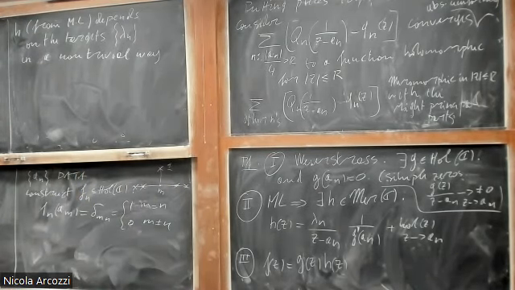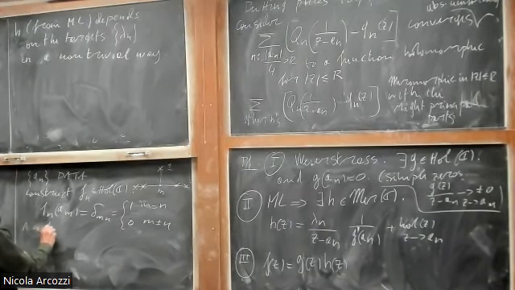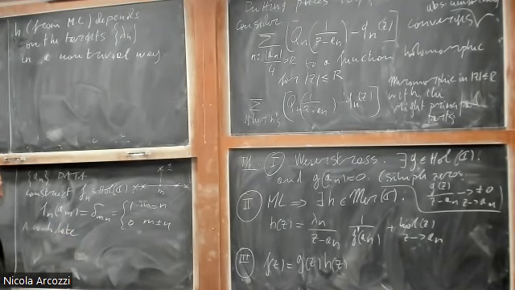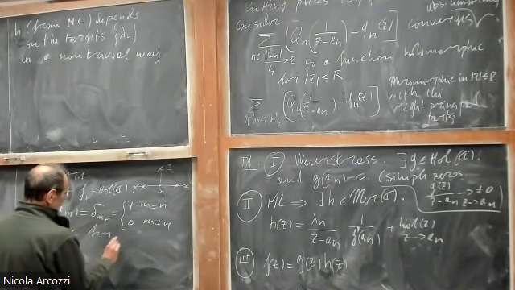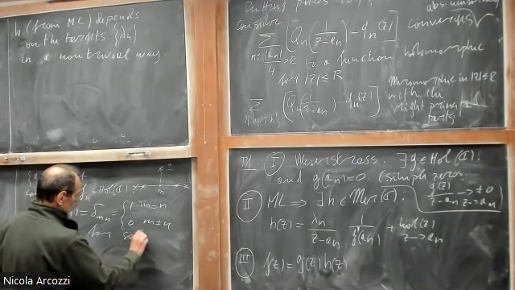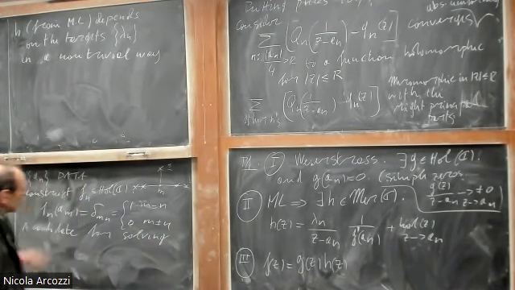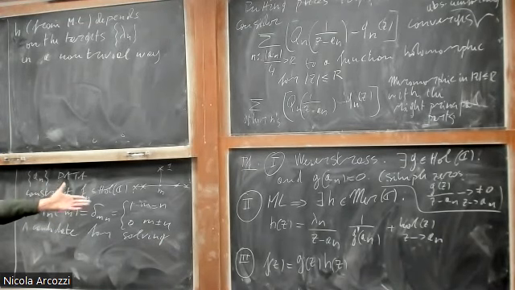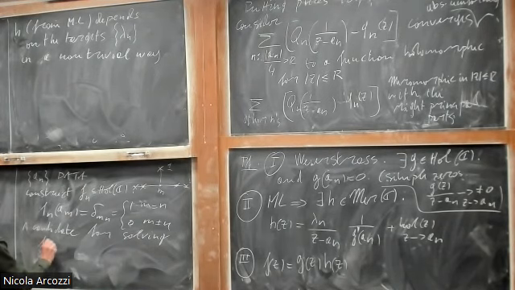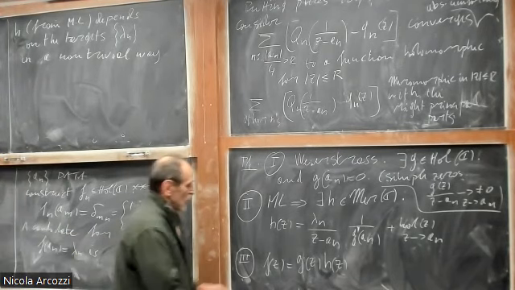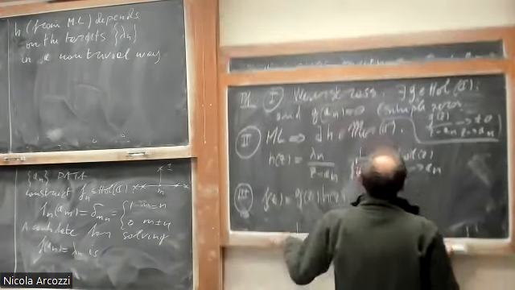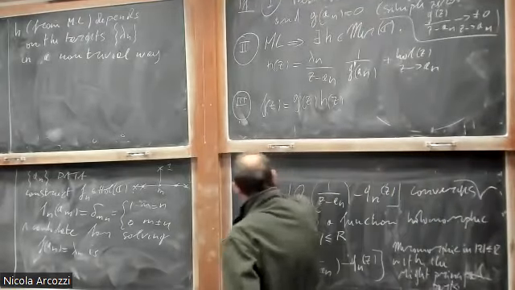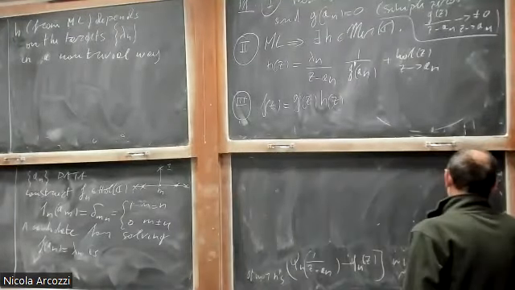Now, a candidate for solving the problem, f of an equal to lambda n, is given by this procedure we have here, which is, by the way, very constructive.